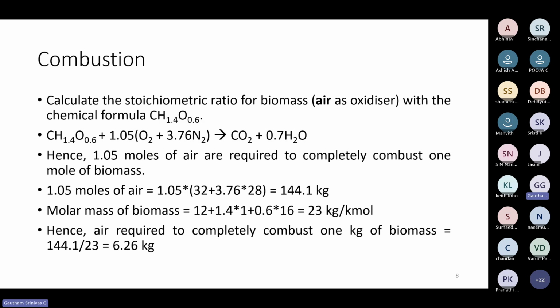You have 12 plus 1.4 plus 0.6 into 16, one atom of oxygen, which is 16 grams per mole. So you have 23 kilograms per kilomole. So how many kgs of air are required? 144.1 divided by 23, so around 6.26 kgs of air are required to combust 1 kg of biomass.